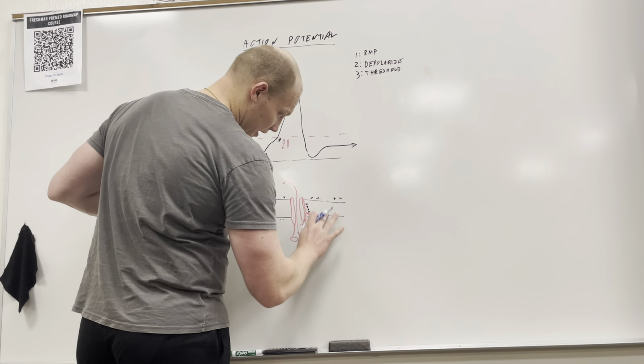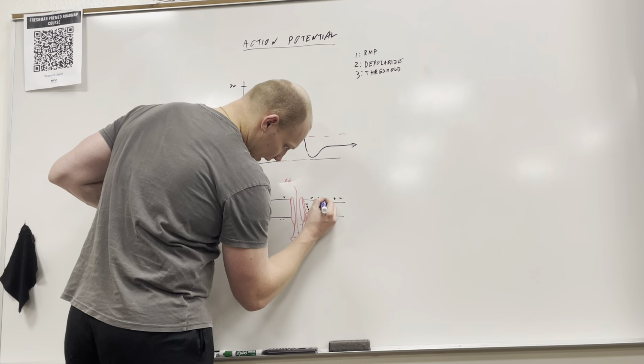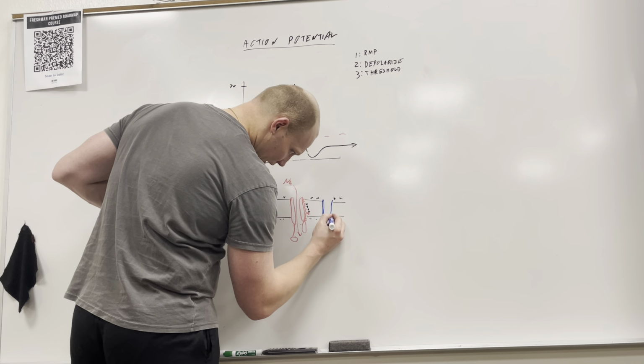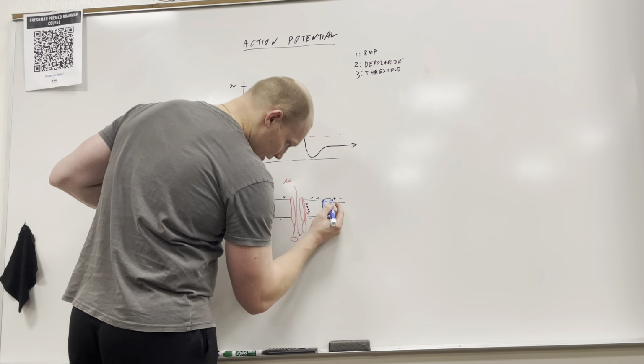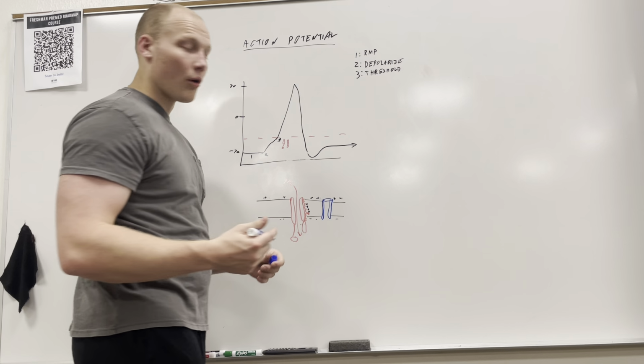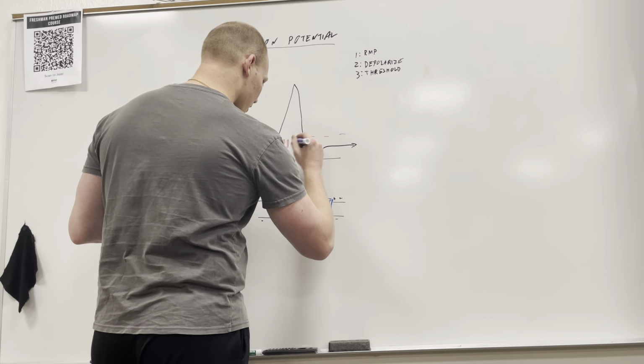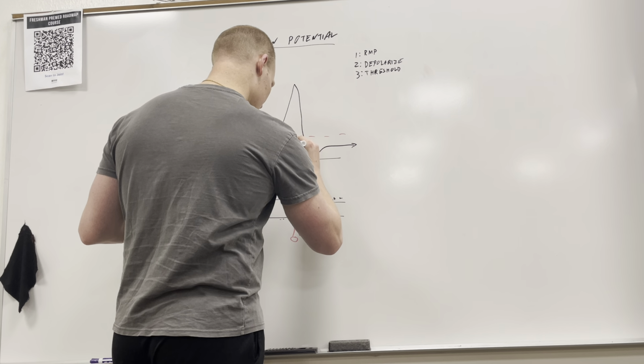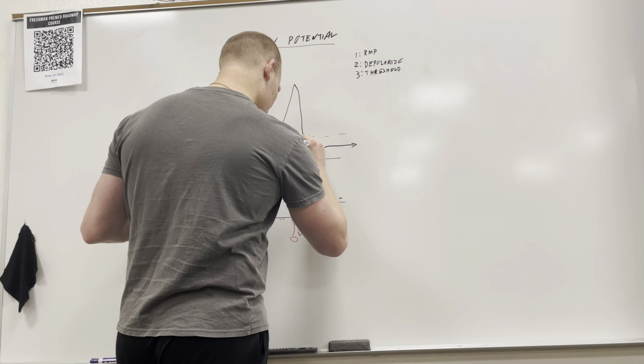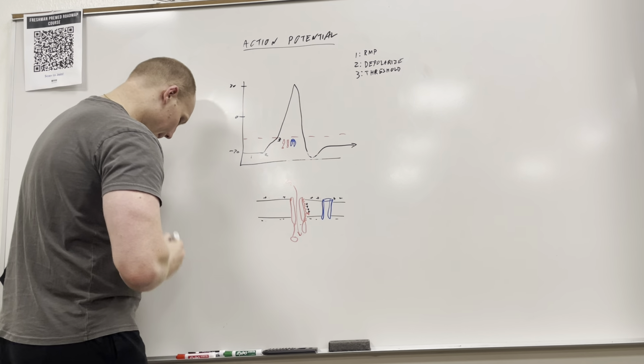They're also here on the membrane. And they also begin to open. They don't open as fast as the sodium ones. They're a little slower. So we're going to draw that here as it begins to open.